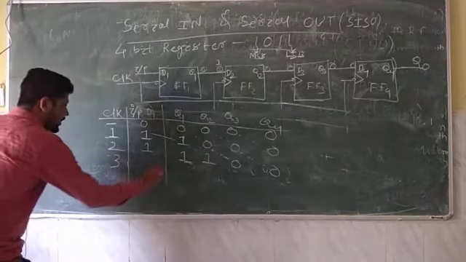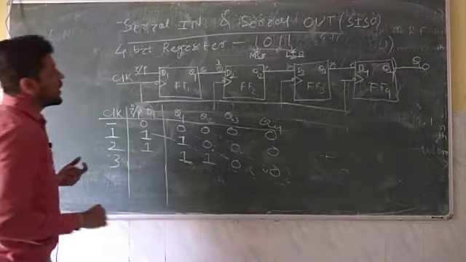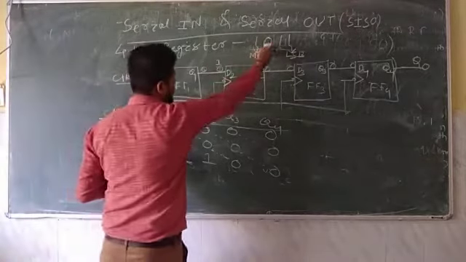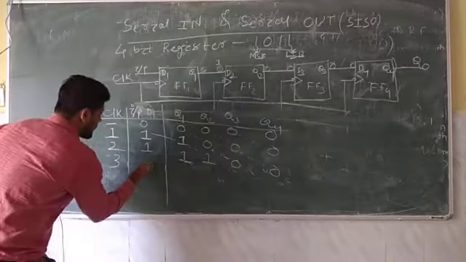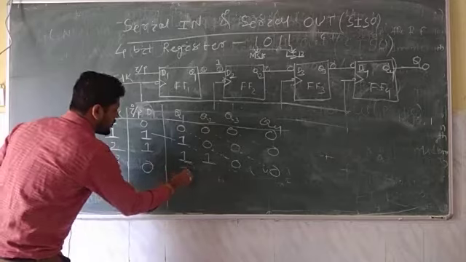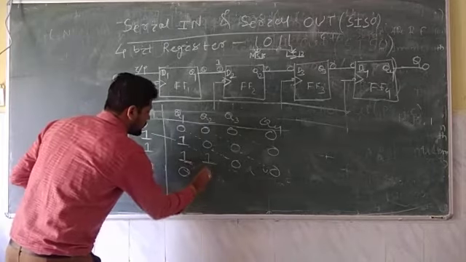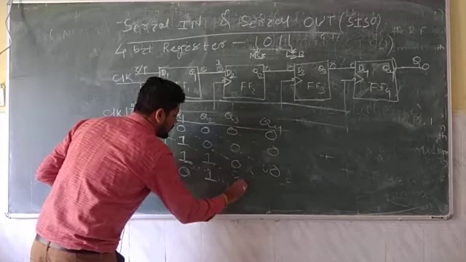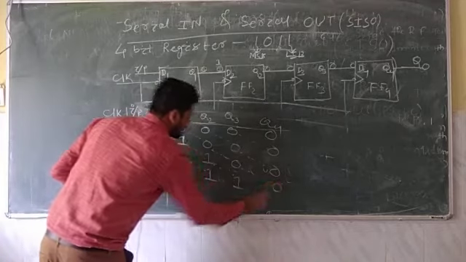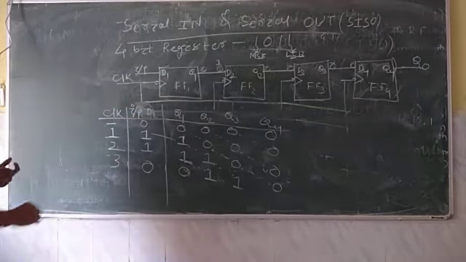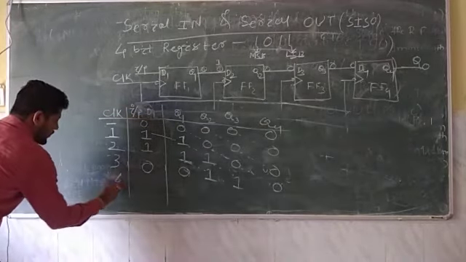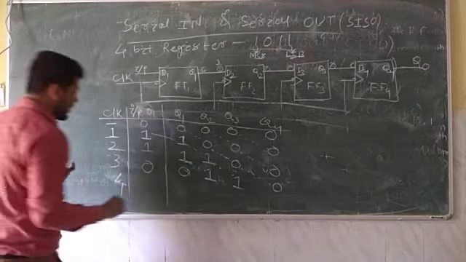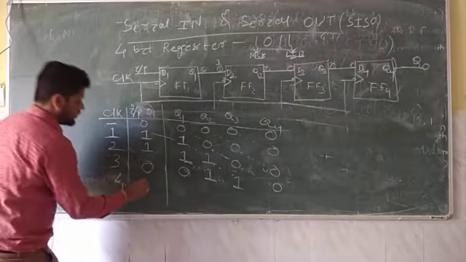Then you apply the third clock pulse, we will have input 0. Input is 0, so 0 is coming here. Then we have 1 because this is shifting here, then we have 1, this is shifting here, and then we have 0. So in the fourth clock pulse, the next input is 1.